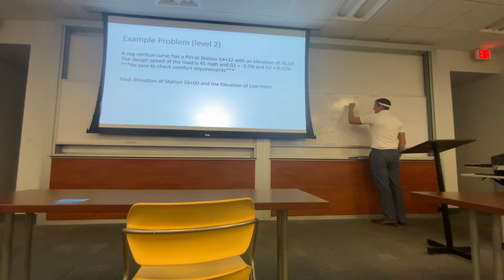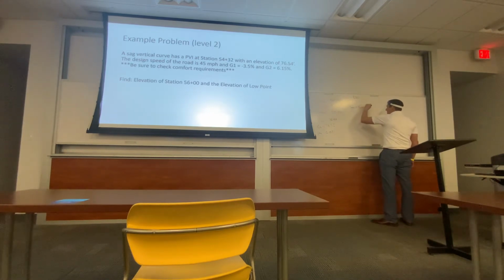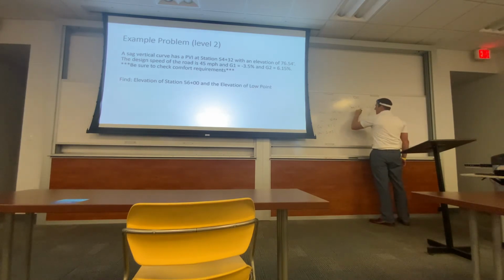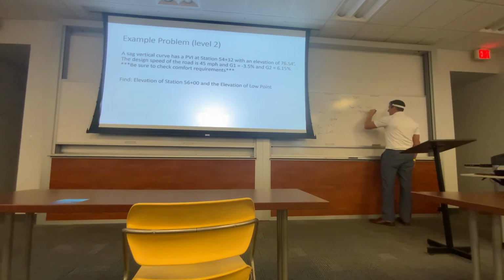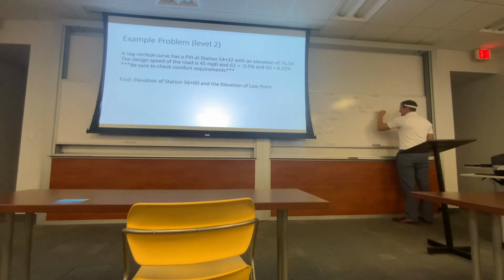So, Y PVC equals Y PVI minus G1 L over 2, equals 76.54 minus negative 0.035 times 820 over 2.